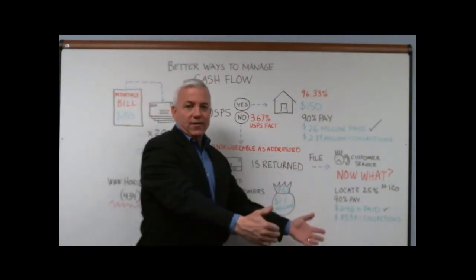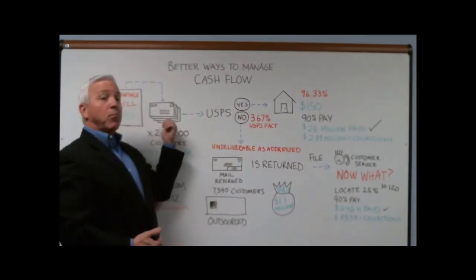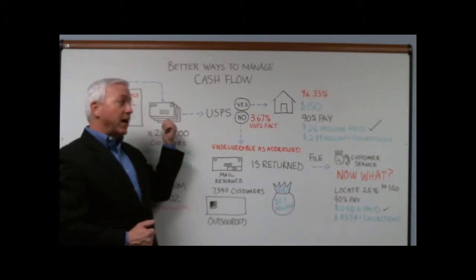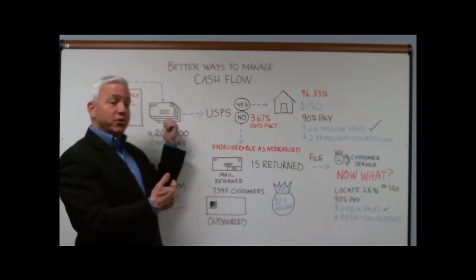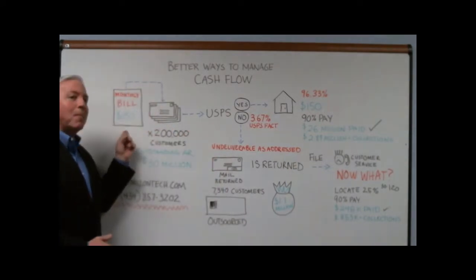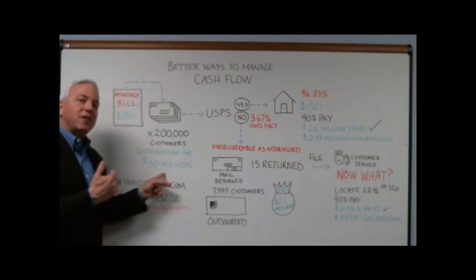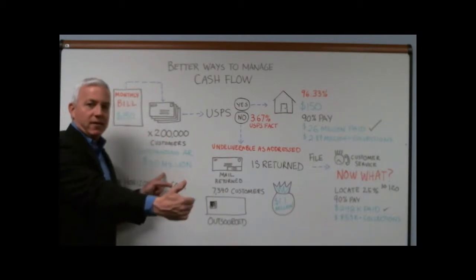Now what? So where's the value? I've told you what the problem is. I've seen that I have a mail issue, but the mail's not the issue. In this case, it's the money. It's the outstanding AR, and the outstanding AR is sitting there.